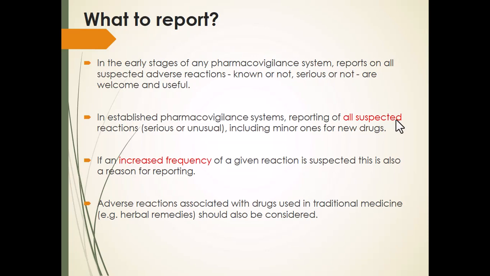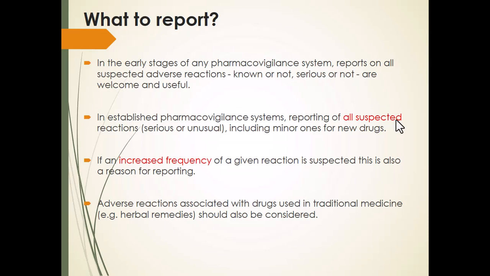So what do you report? What to report? In the early stages of any pharmacovigilance system, reports on all suspected adverse drug reactions, known or not known, serious or not serious, are welcome and useful. In established pharmacovigilance systems, we see that reporting of all suspected reactions, including minor ones for new drugs, has to be done, or serious ones.